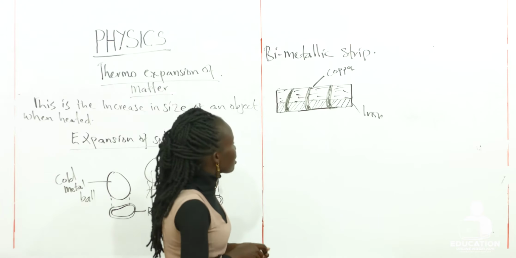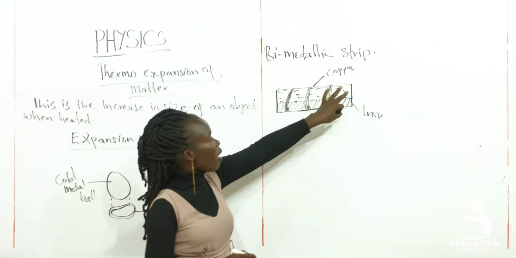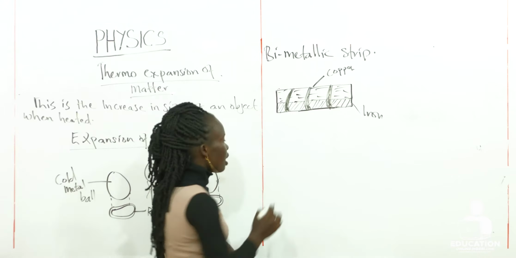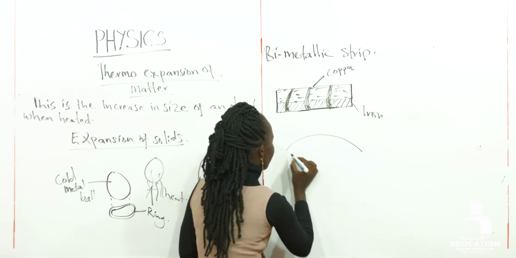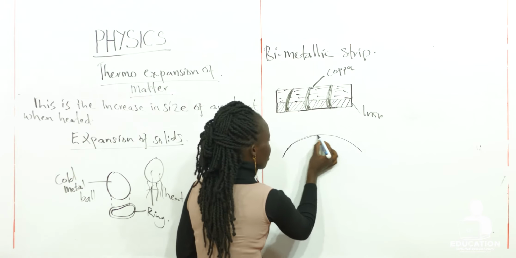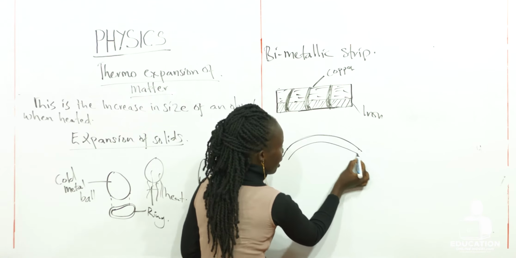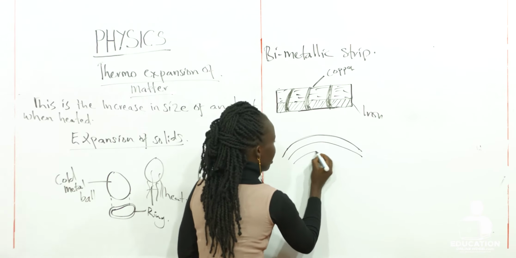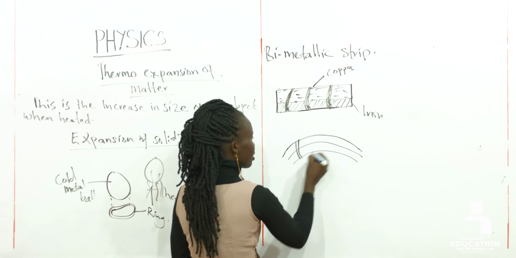So you see that when you now heat this, instead of your bimetallic strip to look like that, it is going to change its shape to something like this. We had our ropes, they were tied.